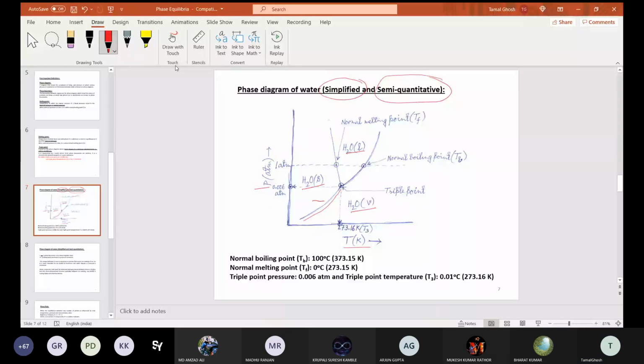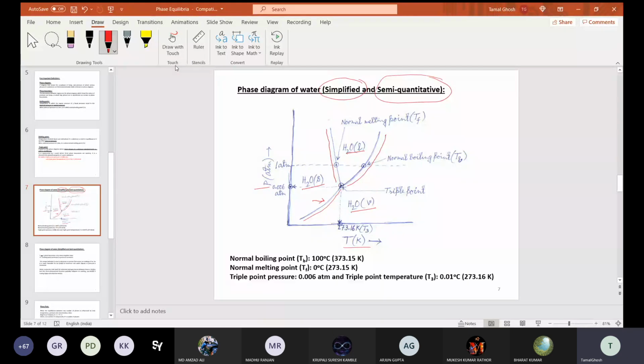And this, from the triple point going through the normal boiling point, is your liquid-vapor phase boundary, and the negative slope line is your solid-liquid phase boundary.